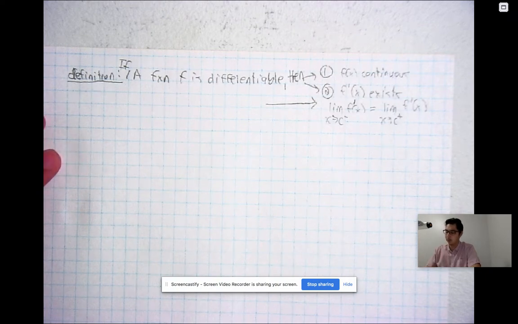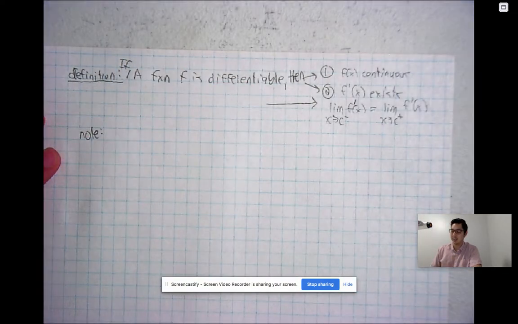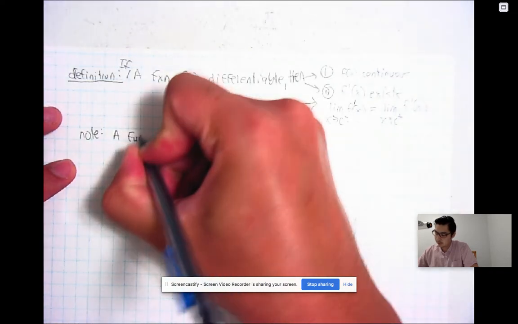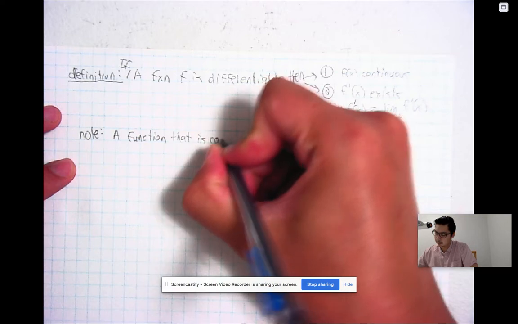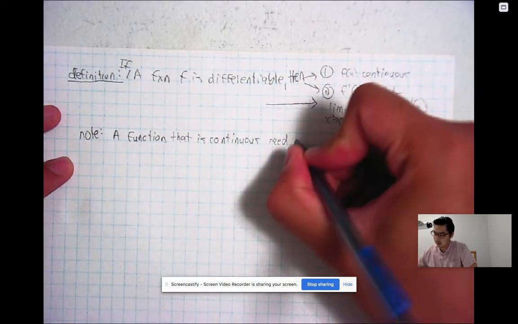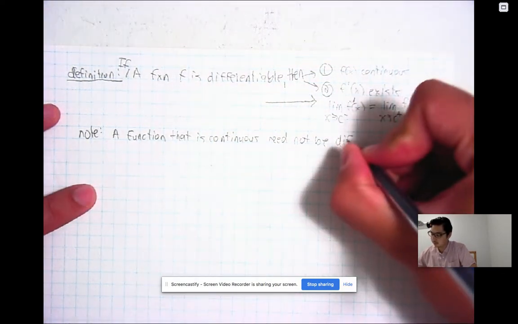Now, note some interesting things here: we can't work backwards. A function that is continuous need not be, and I just feel like using that language, but doesn't need to be differentiable.